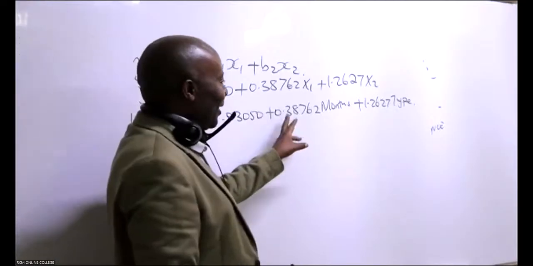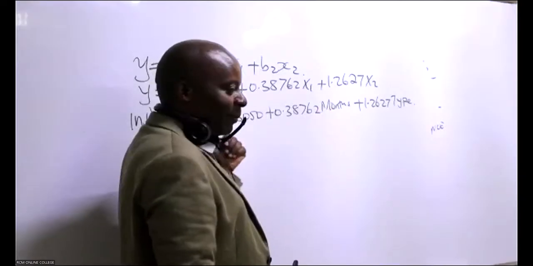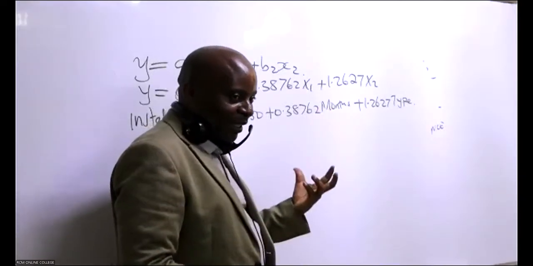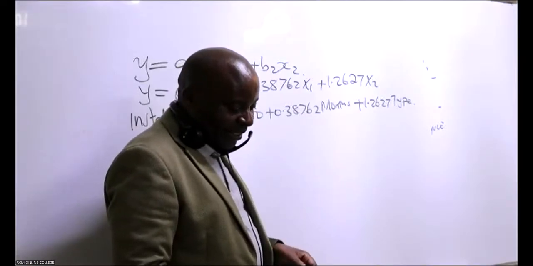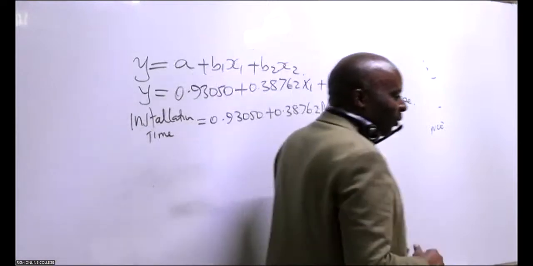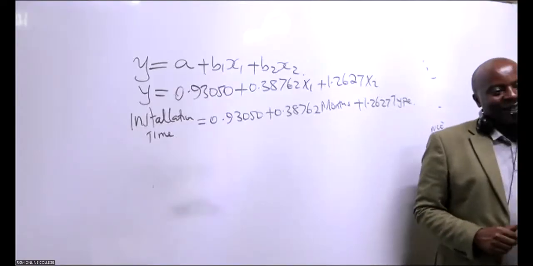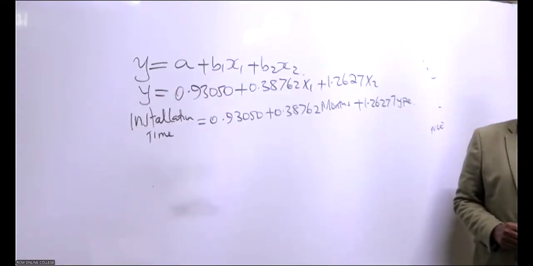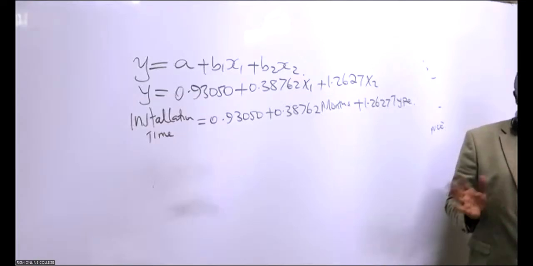Months, gradient is positive, all right? So can you kindly prove that months and the installation time are supposed to really have a positive gradient? How do you prove? Since there is a positive correlation. No, then you guys have not understood how you're supposed to be answering this question. Because I agree with you, it's economically plausible.